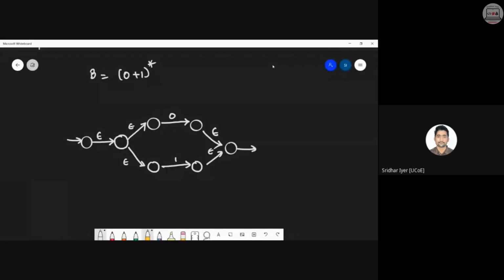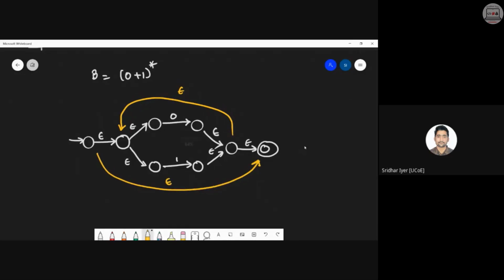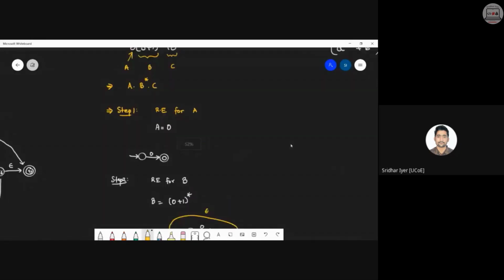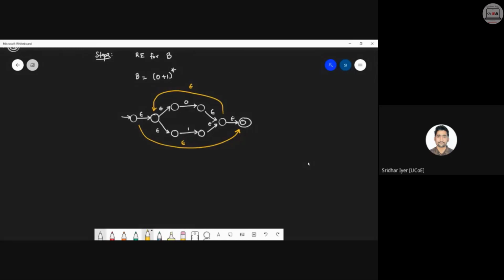This state and this state will be your final states, correct? Now just show the transitions. It is epsilon and one more epsilon. Clear with this? It is 0 plus 1 closure, and I guess one more value is remaining, that is C. C is 10. So step number 3 is RE for C.